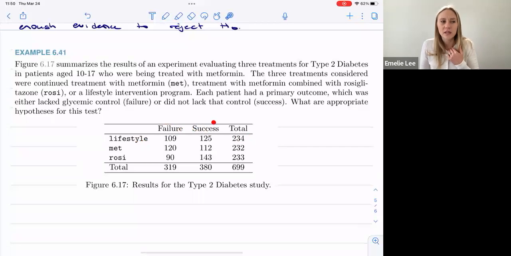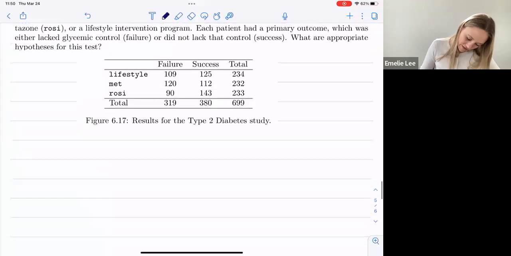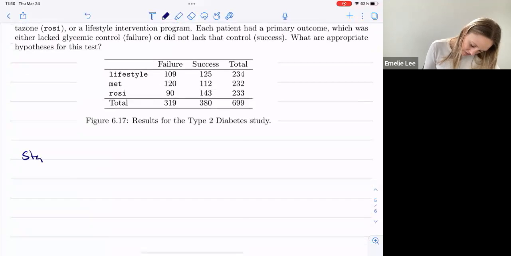So let's talk about the appropriate hypotheses for this test. Notice that this is a two-way table, and we've got the totals out here in the margins, the marginal totals. So our hypotheses, let's start there. Step 1, state the hypotheses.